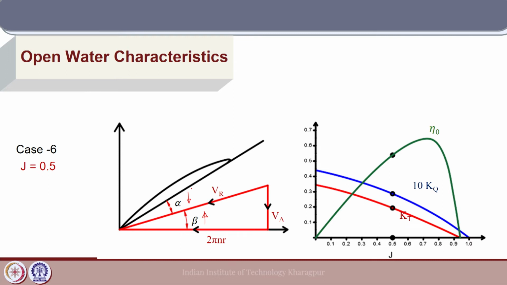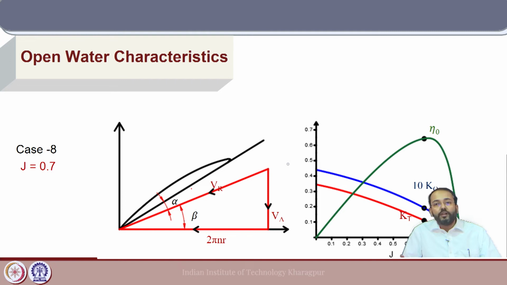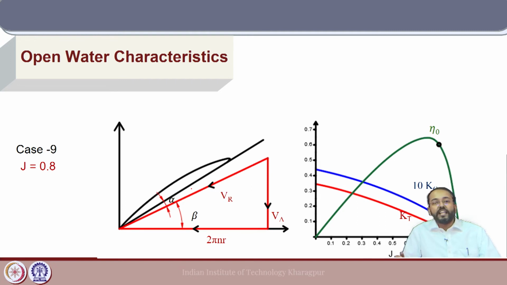So, if we gradually increase J, the angle of attack gradually decreases and the sectional thrust and torque will decrease. In this way, if we go ahead to 0.7 and 0.8, the value of alpha decreases and Kt and Kq will gradually decrease. So, this gives an idea of the relation between the open water diagram, the velocities of the blade element and the resultant forces. This is very important for understanding the propeller open water characteristics.